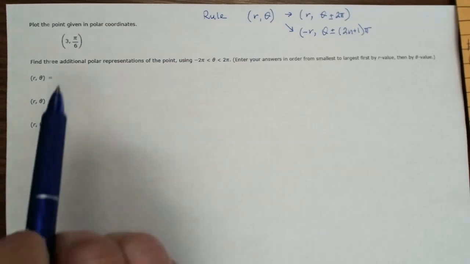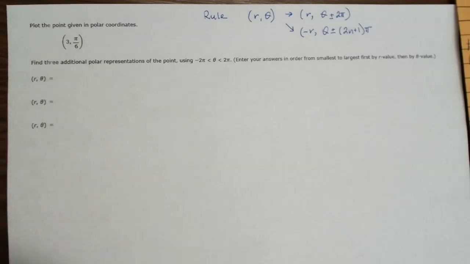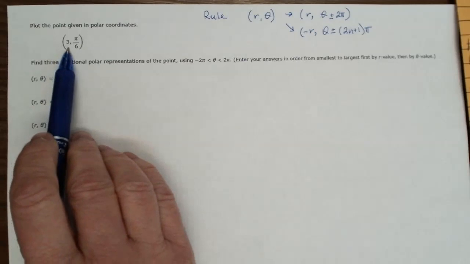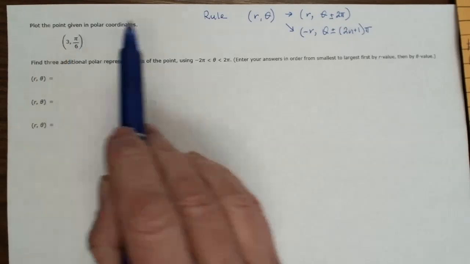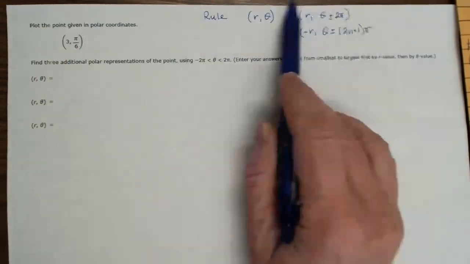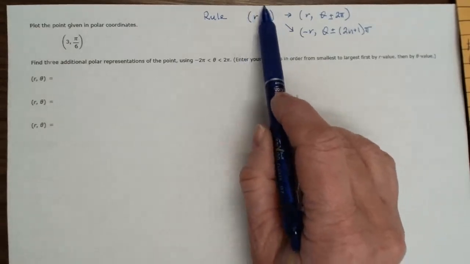Okay, let's review how to find three additional polar representations of the point. So we have the point 3 and pi over 6. And here's the easiest way to use this rule. We have the point.